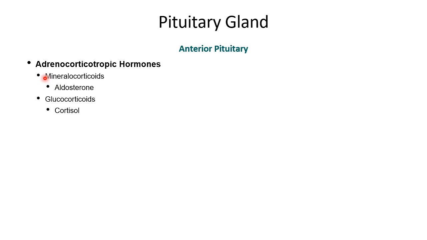Here, you will understand that the major role of the hormone would be to regulate the levels of the minerals in the body, in particular sodium and potassium, and it is released from the cortex of the adrenal gland. That is why it is called a mineralocorticoid and a glucocorticoid. So, an example of the major mineralocorticoid is aldosterone, and the major glucocorticoid in the body is cortisol.